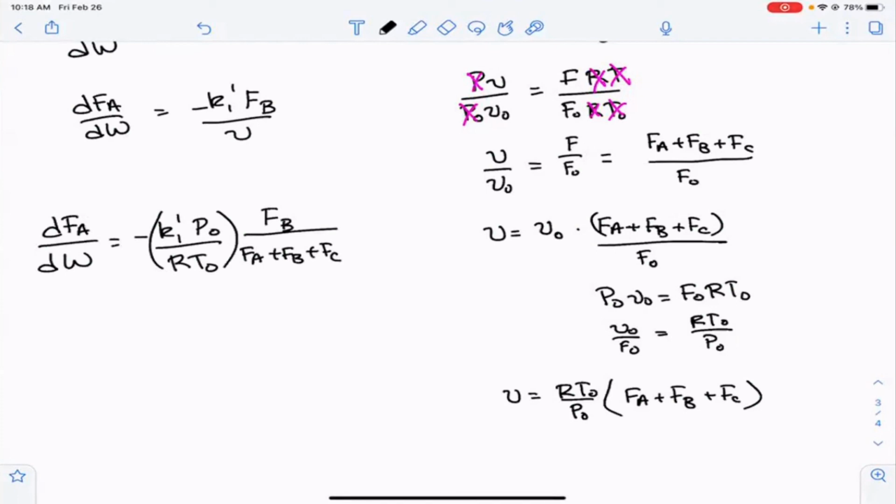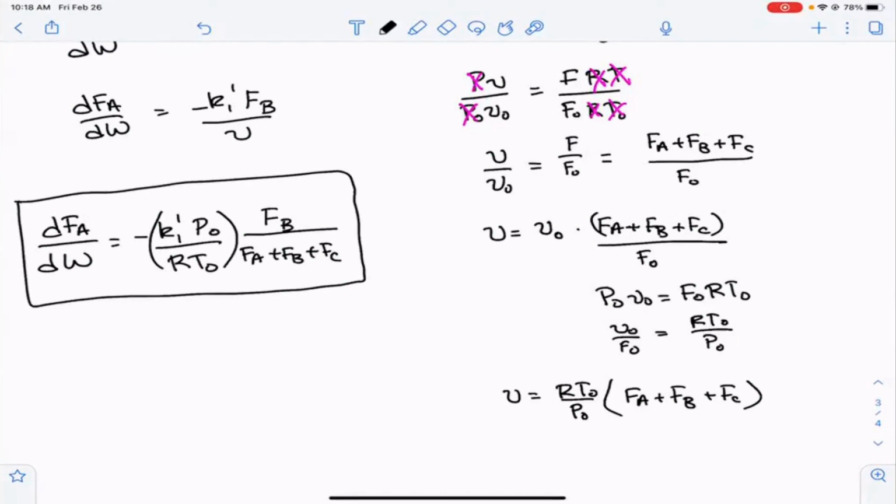Okay, so there is our mole balance for A in this process. And now we just have to do this for the other species, right? So dFB/dW is then equal to, if you remember, RB was minus 2 times K1 prime times CB.